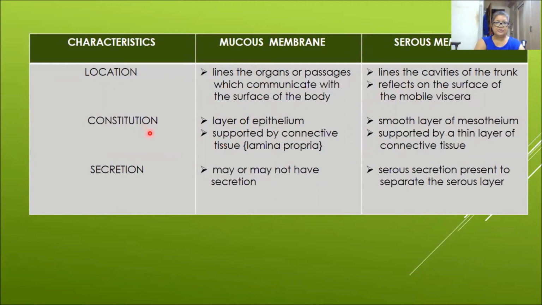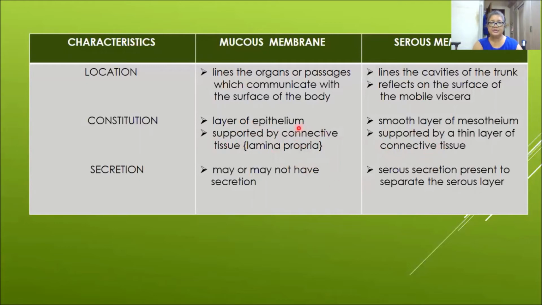As for the constitution, the mucous membrane is a layer of epithelium, while the serous membrane is a smooth layer of mesothelium. The mucous membrane is supported by connective tissue or lamina propria, while the serous membrane is supported by a thin layer of connective tissue.